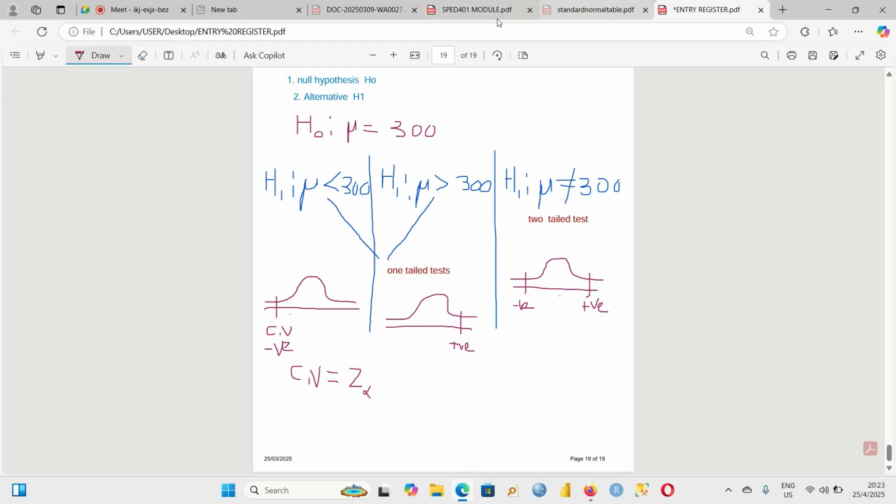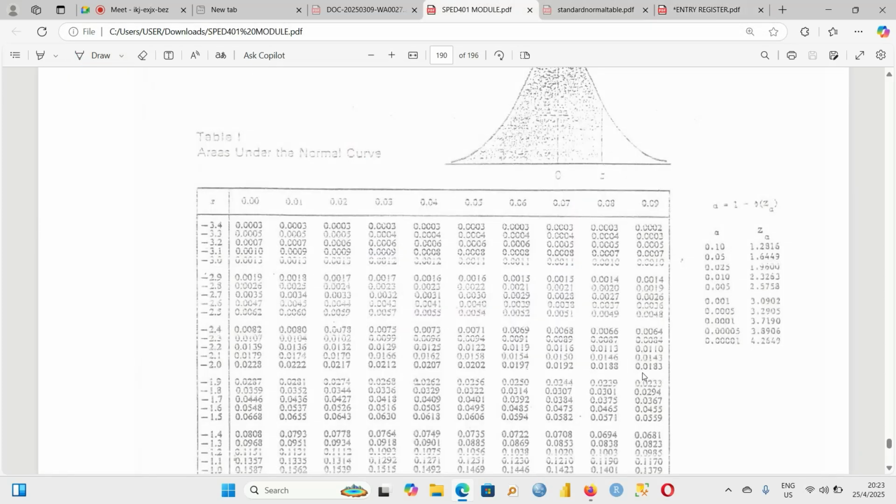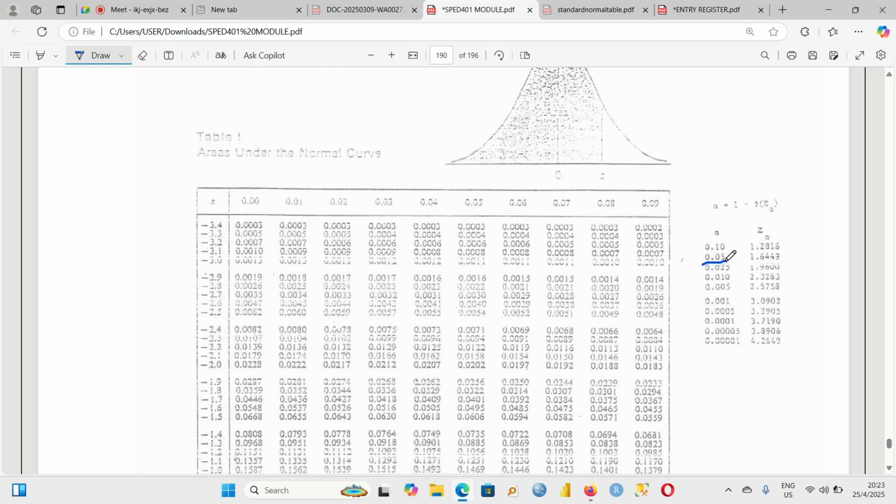We go to the tables, and you see where the tables are. In this case, these are the Z alphas. We go to the tables and find the alphas here. If they say test at 5%, this is 5%, 0.05. This is 10%, alpha is 0.1. This is 2.5%.